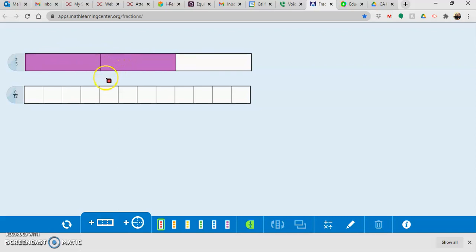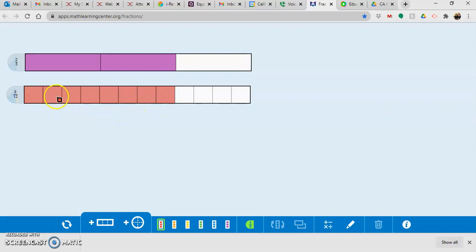So the question would be, how many twelfths would it take to be equal to, to have the same amount as 2/3? So what you do is you just start filling them in until they're the same amount. So you have 1/12, 2, 3, 4, 5, 6, 7, 8.